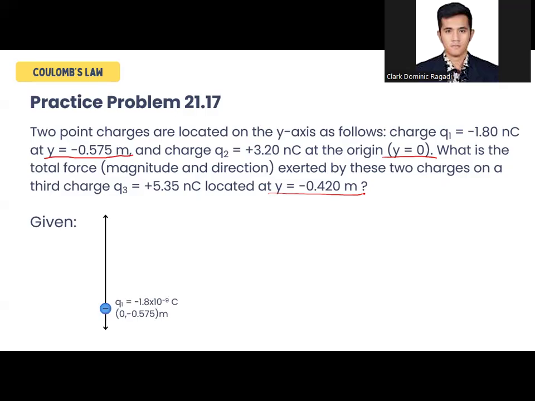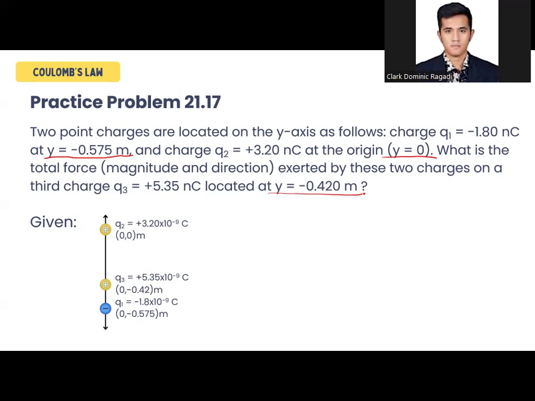Then we have our charge 2 located at the origin, 3.2 times 10 to the power of negative 9 coulomb. In between charge 2 and charge 1, we have charge 3 equivalent to 5.35 times 10 to negative 9 coulomb, at 0, negative 0.42.